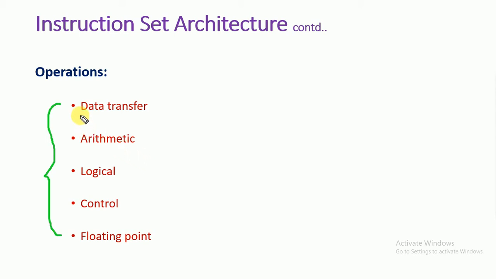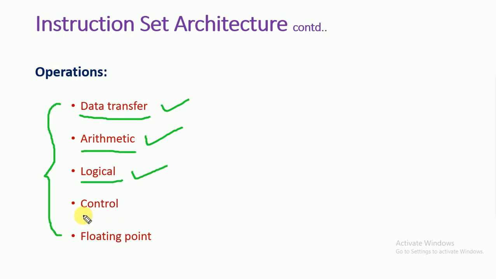First one is data transfer operation. Then second one is arithmetic operation. As the name indicates, data transfer means movement of data. Then arithmetic operation is for doing various arithmetic operations like addition, subtraction, etc. Similarly, logical operations with logical AND, OR, and similar operations.